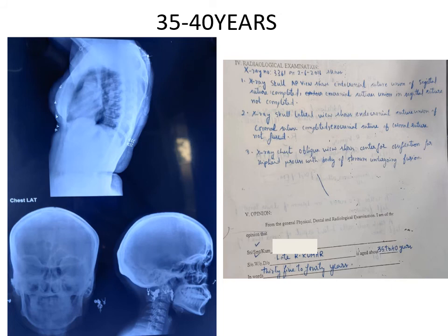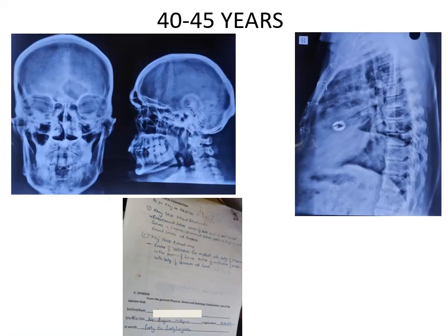You cannot appreciate much of the sternum, but the ectocranial sutures have not fused. You can see a small dip at the vault in the outer table. So based on that, the age is about 30 to 35 to 40 years.